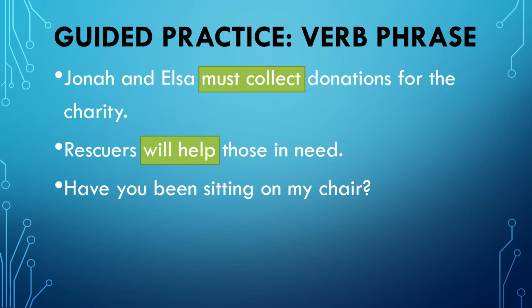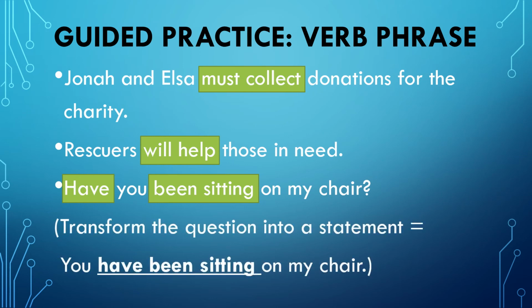What is the verb phrase? That is right. Have been sitting. Now, what is the main verb? Very good. The main verb is sitting, and the helping verbs are have been.